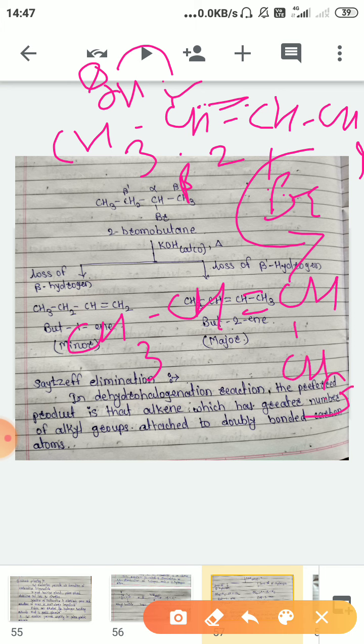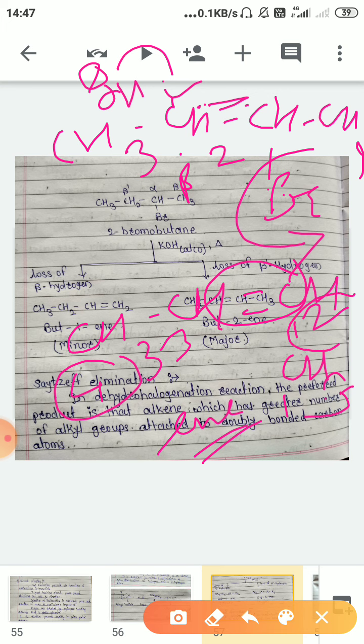CH3. And the name of this compound is 1, 2, 3, 4, that is but-2-ene. Total number of carbon atoms is 4, and the name of the parent is butane. As it contains a carbon-carbon double bond, ANE is replaced by ENE, and therefore the name of the compound is butene.